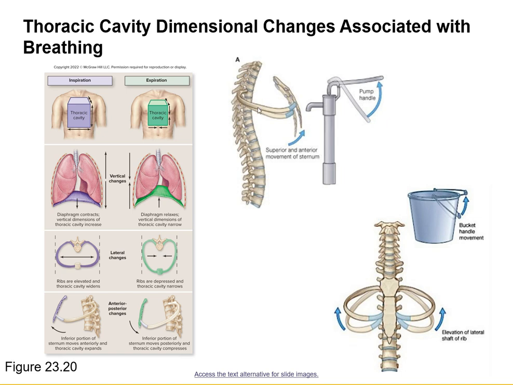And as we'll see, as we increase the volume of a space, we're going to decrease the pressure of that same given space, right? So the summary here is that we move our bones, our sternum and our ribs, in order to change the volume of the thoracic cavity, which then pulls on the lung.